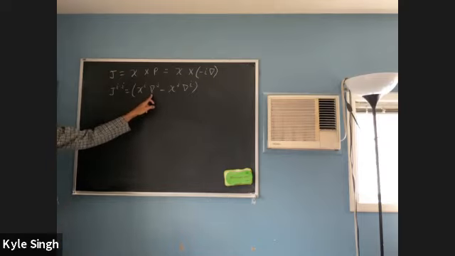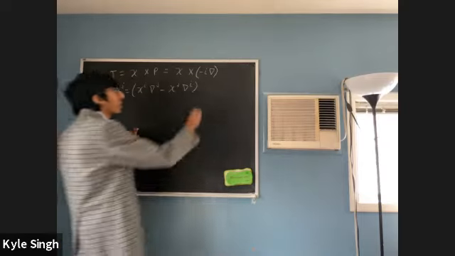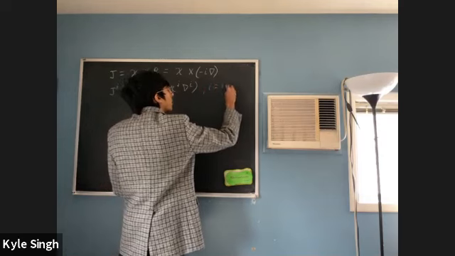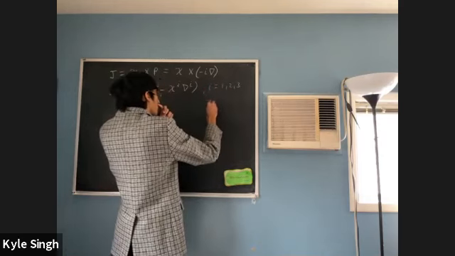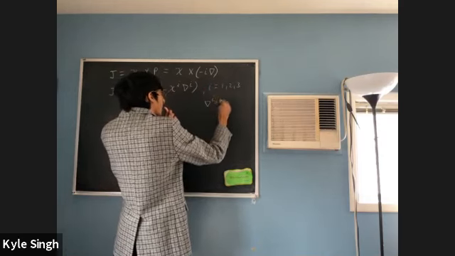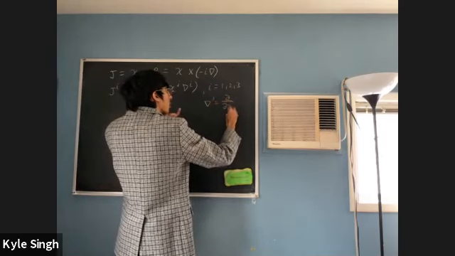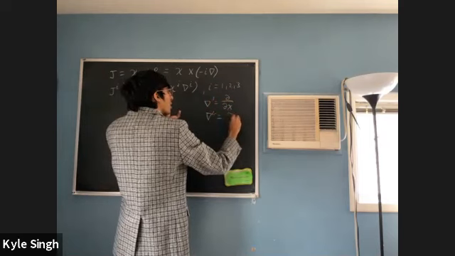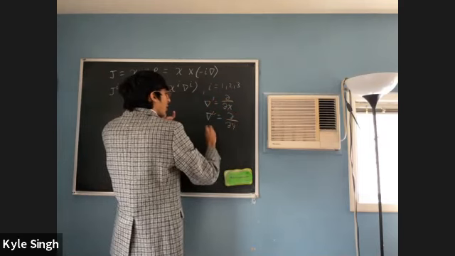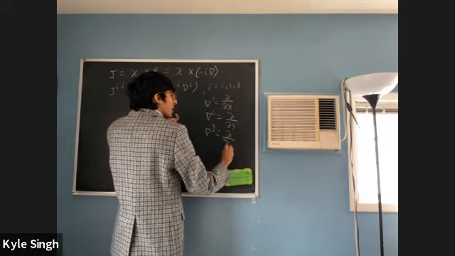Do we know what the nabla is? So i goes from 1 to 3, right? That's the first step. And then nabla_1 is just del x. Nabla_2 is just del y. Nabla_3 is just del z, right?